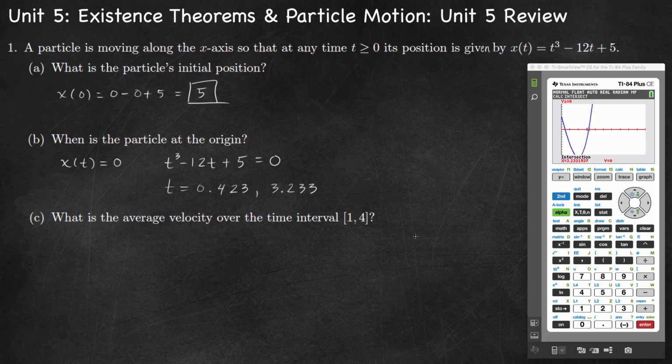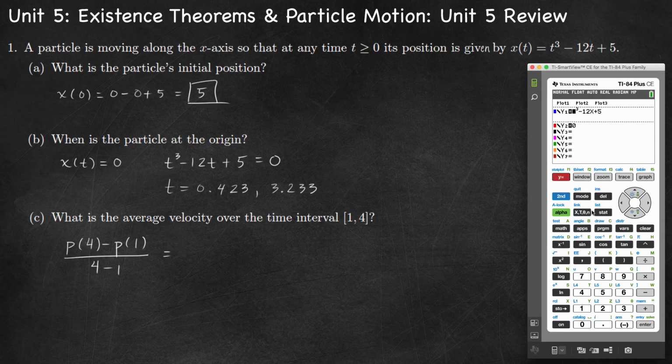What is the average velocity over the time interval from 1 to 4? Well, average velocity is change in position, so x of 4 minus x of 1, over change in time, 4 minus 1. Since I have my position equation in y1, I can easily get x of 4 if I call up y1.